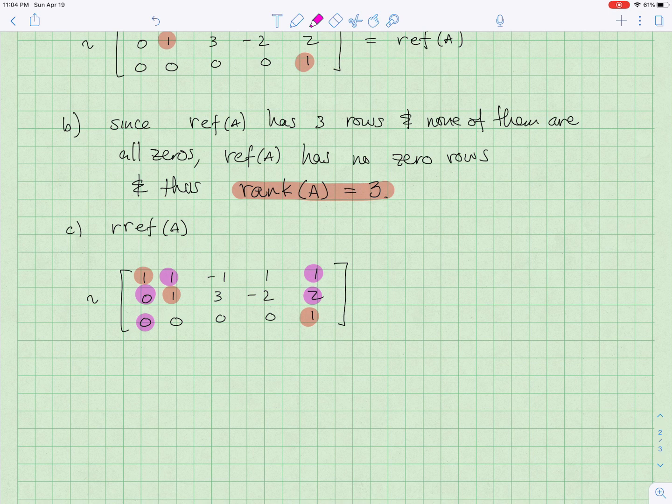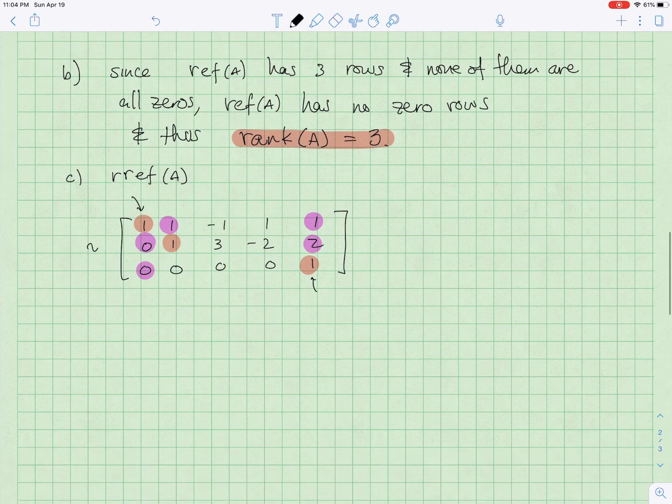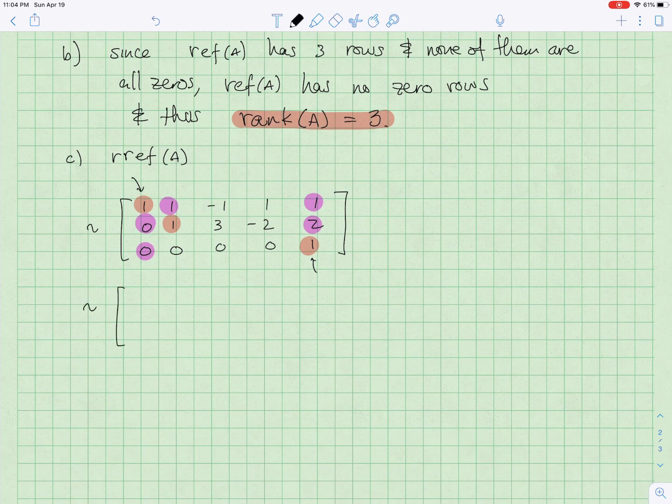So, much like I had done with REF of A, where I started in this far left leading one position, I'm going to do the same thing in the bottom over here. I'm actually going to start with this one, and I'm going to clear out the two positions above it. So here we go. This is row equivalent to, now the bottom row is not going to change. 0, 0, 0, 0, 1, and I'm going to change the row above it.